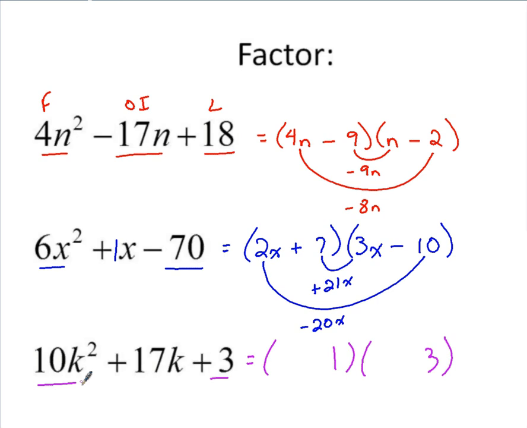So we think in 10 and 1, we think in 5 and 2. What are we thinking? Okay, 5 and 2. 5k, 2k. Outside would be 15, inside that'd be 2. We're trying to get back to 17 here. It's all positive, we can do that. There's your factorization.